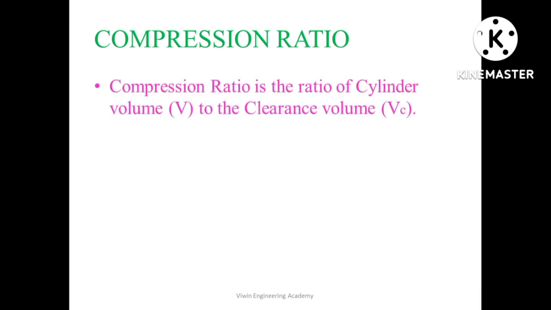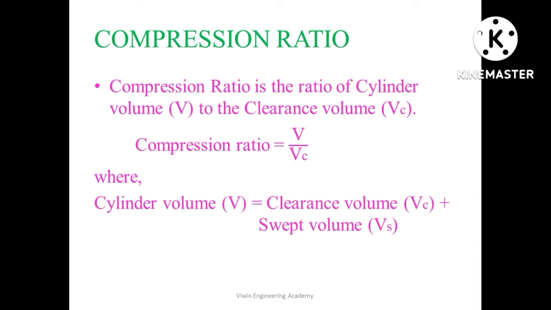Compression ratio is the ratio of cylinder volume to the clearance volume. That is, compression ratio is equal to V by Vc, where cylinder volume V is equal to the sum of clearance volume Vc and swept volume Vs.